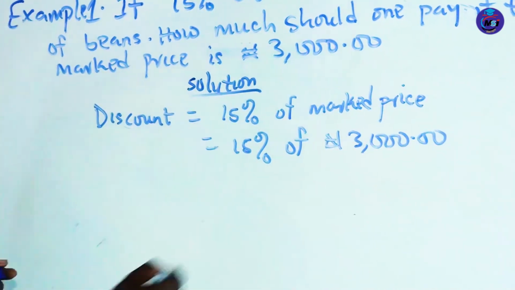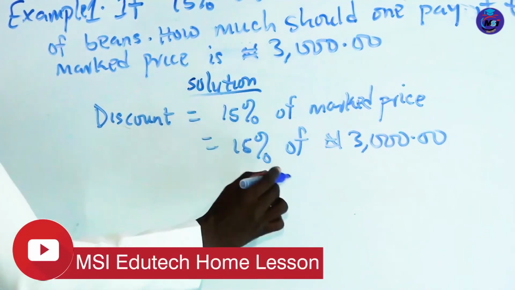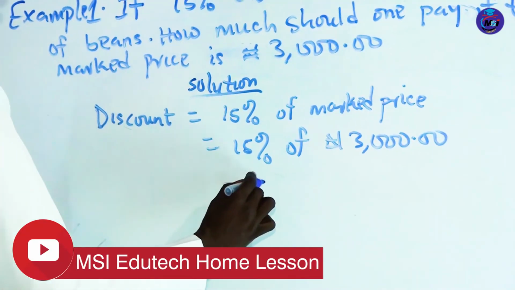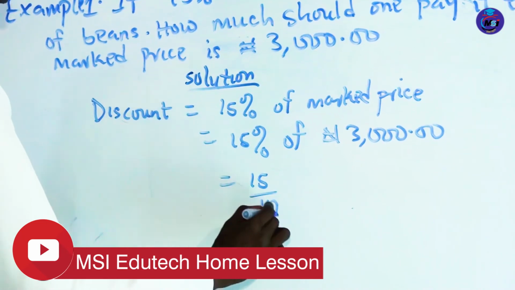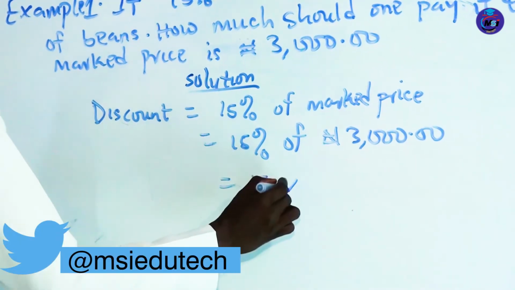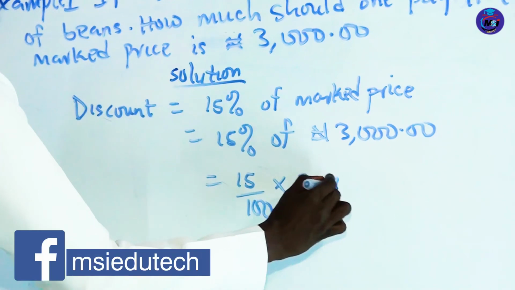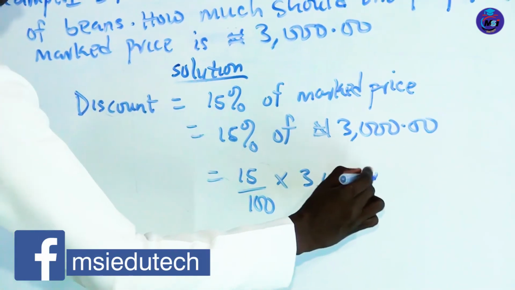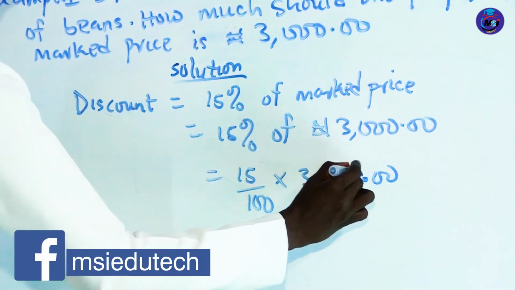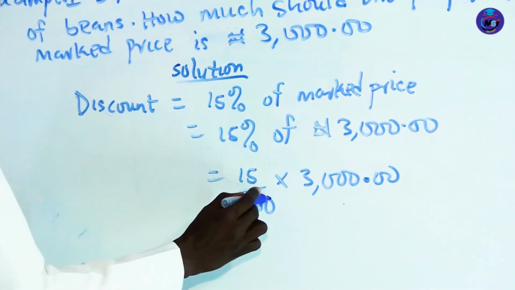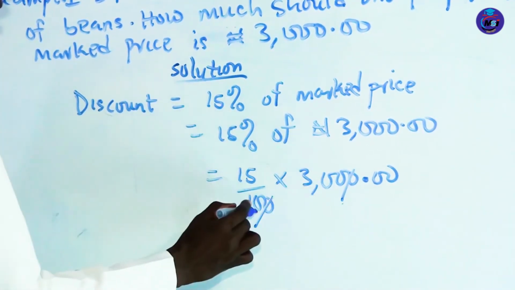Remember, of means times. 15 all over 100 times 3,000 naira. This cancels this.